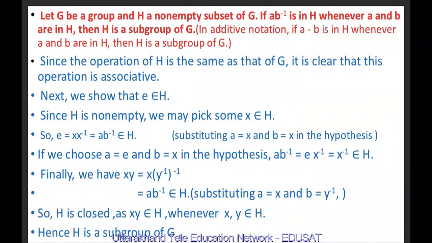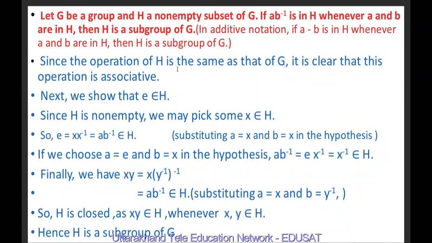If the operation is that of addition, then instead of ab inverse we write a minus b is in H whenever a and b are in H, because in the case of addition, minus b is the additive inverse of b. And then H is a subgroup of G. Here ab inverse is used according to the group operations.